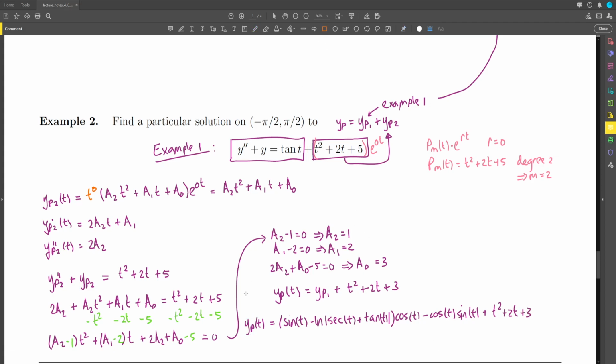And that is our particular solution for that differential equation.